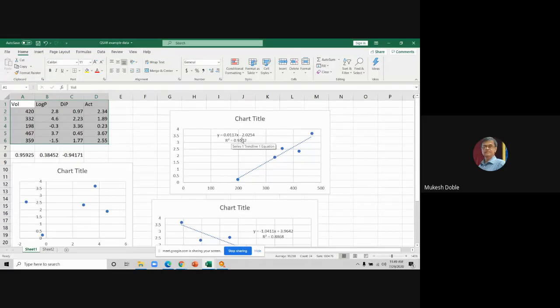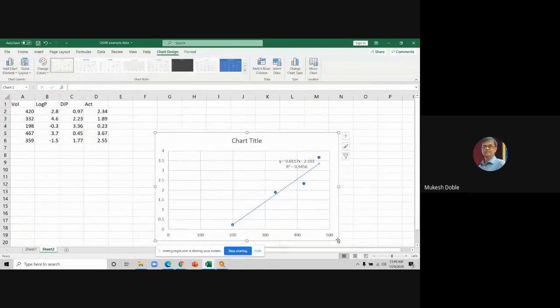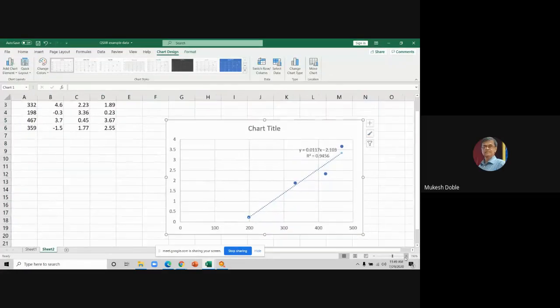So some difference will be there in the equations also, because I have taken only 4 points in this particular case, whereas in the previous case we took 5 points.